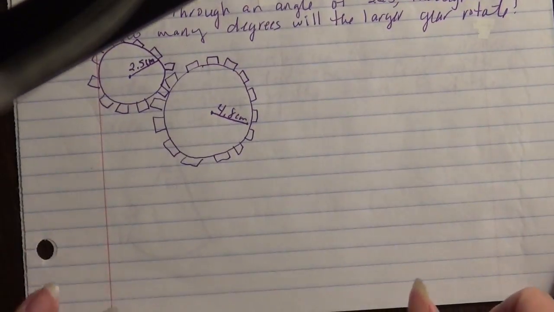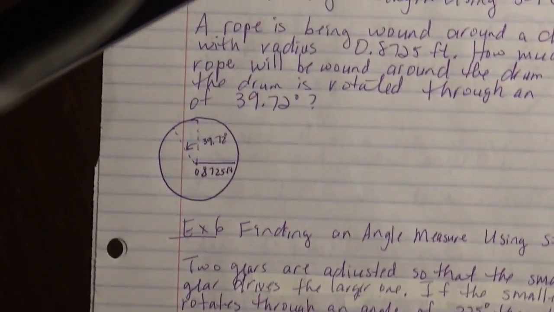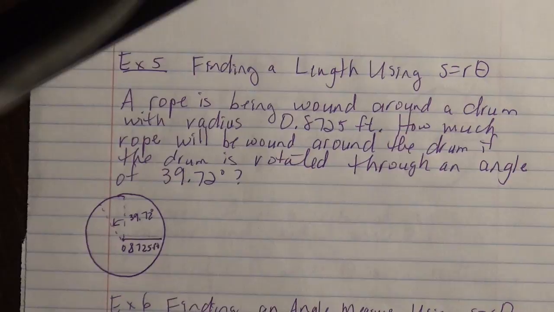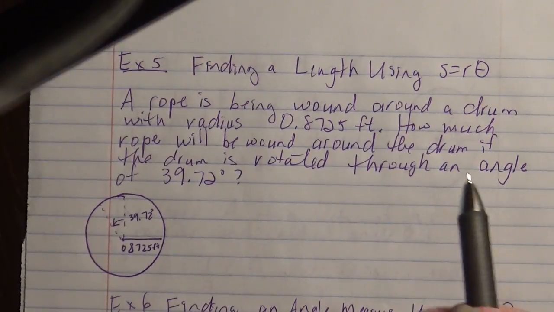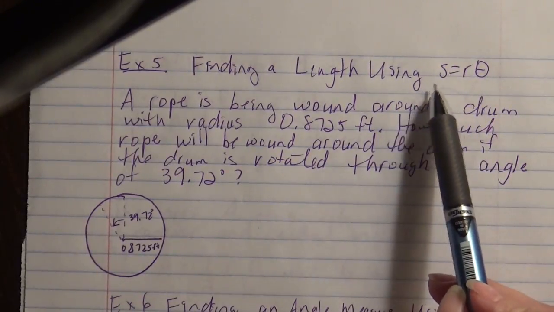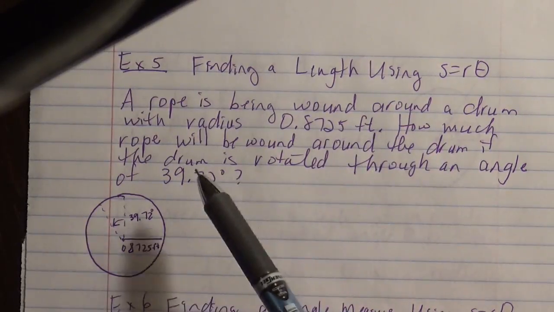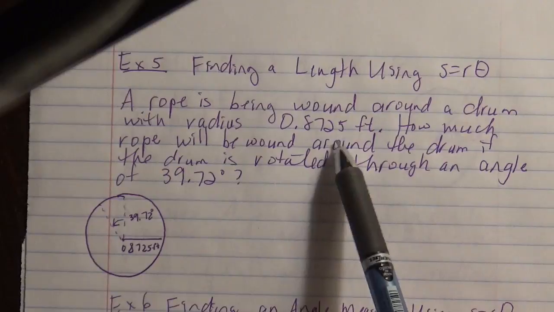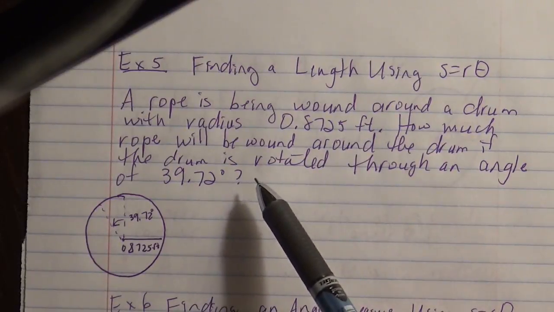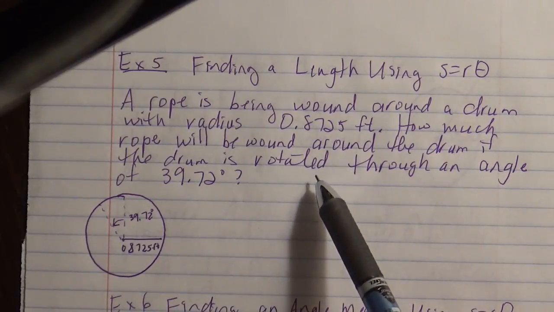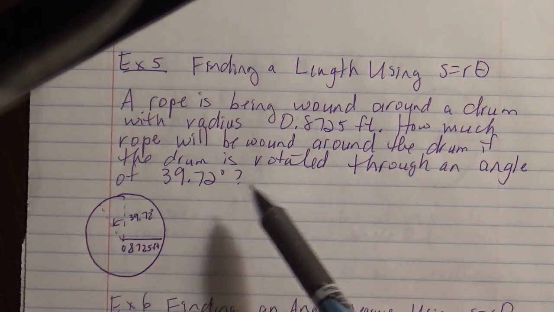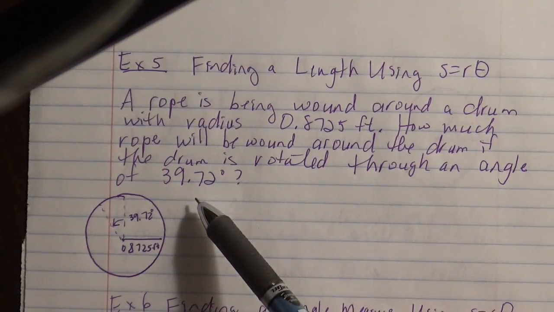Okay, let's look at example 5. Now we're finding a length using our formula S equals R times theta. A rope is being wound around a drum with radius 0.8725 feet. How much rope will be wound around the drum if the drum is rotated through an angle of 39.72 degrees?